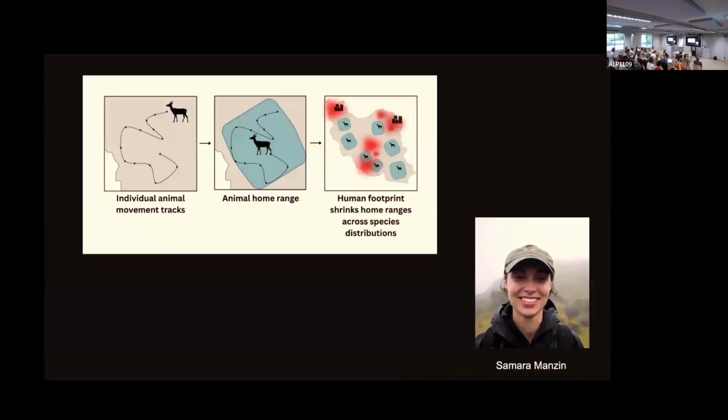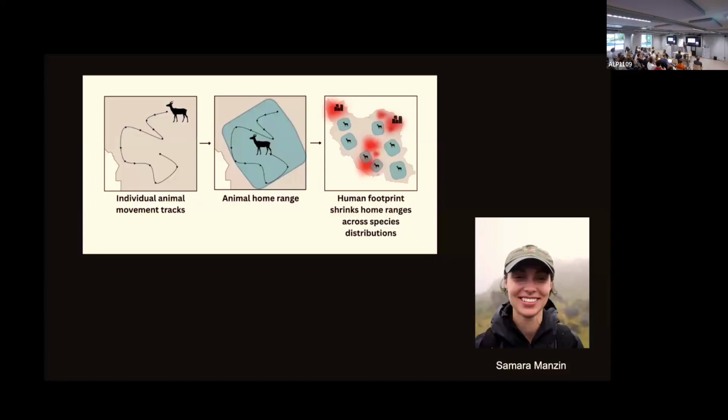And I'll just really quickly talk about a project. This is one of my master's students, Samara, and she was trying to make these models. It was an experiment to see, can we make a model-based indicator that would tell us what's happening with movement globally. It takes individual animal movement tracks to create a home range estimate, and then you can imagine multiple home ranges.